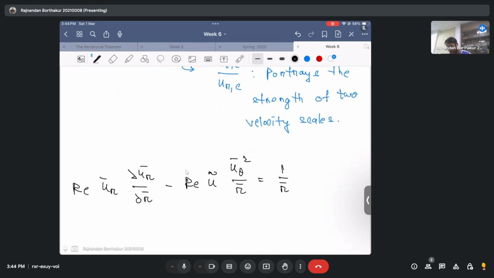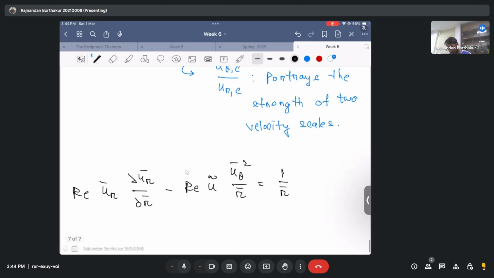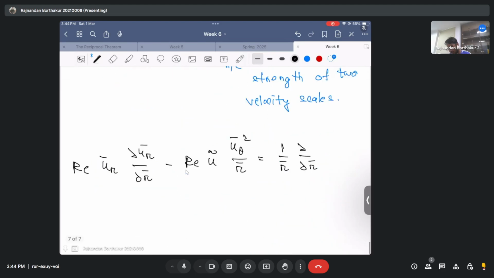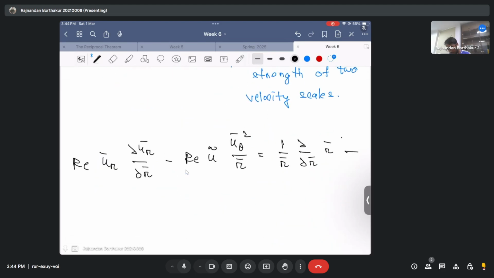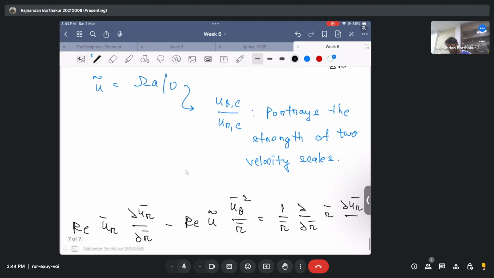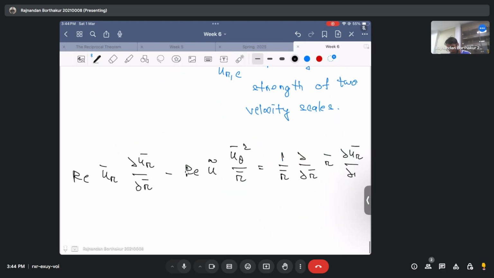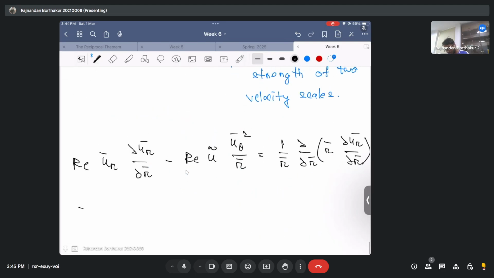So it is 1 by R bar, del by del R bar of R bar times del UR bar by del R bar. That's the viscous term, and then I have minus UR bar by R bar squared.